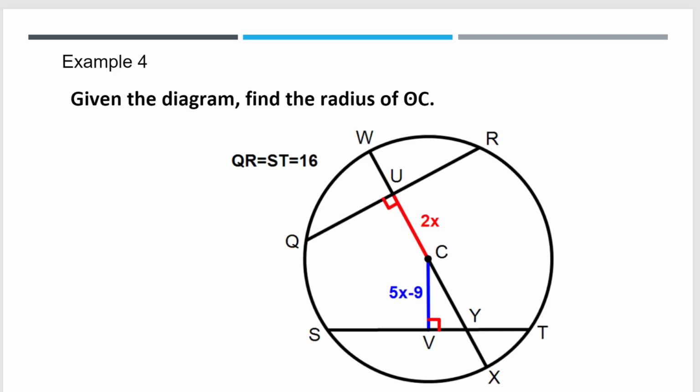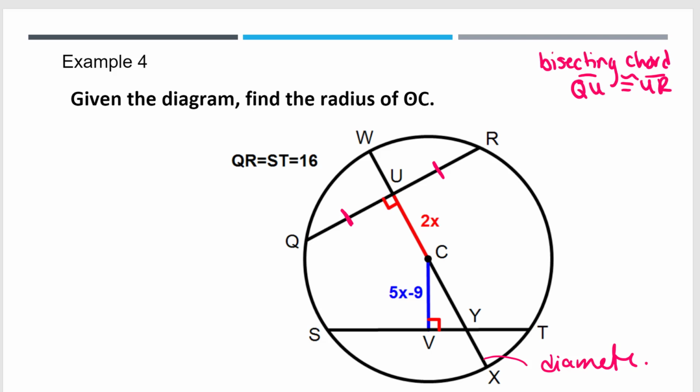So in example 4, we have a very busy looking diagram. We have a diameter that is bisecting two chords. So if it bisects two chords, then we know that QU is congruent to UR, and we know that SV is congruent to VT.